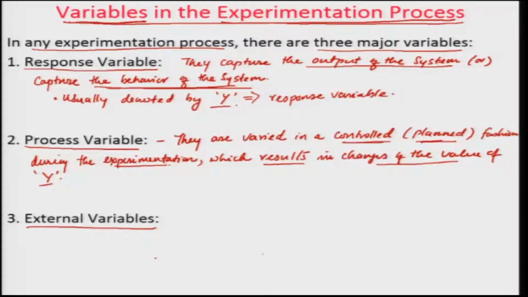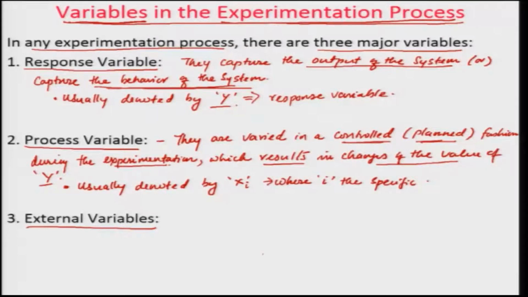All right. So, it is usually denoted by x. X is typically used with a subscript i, x sub i, where i is the specific index of the variable. So, if you have 5 factors, then x1 means the first factor, x2 means the second factor, x3 means the third factor, and so on.